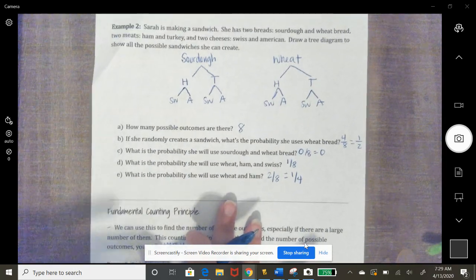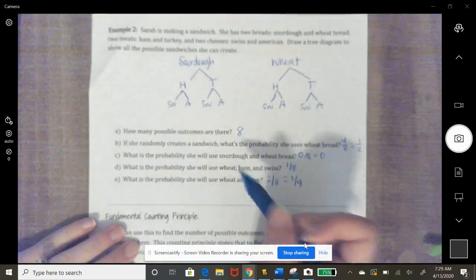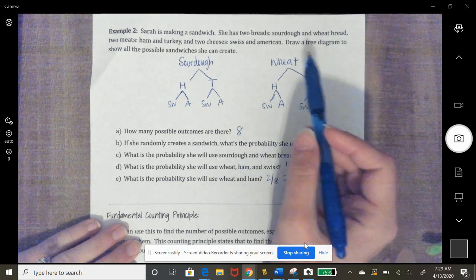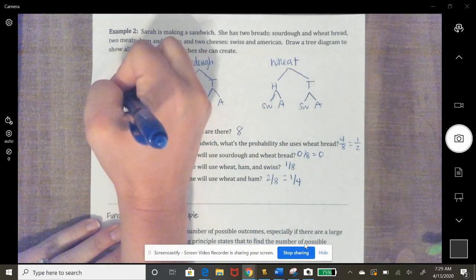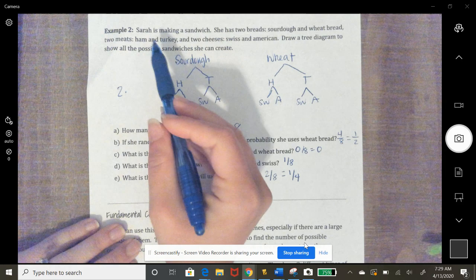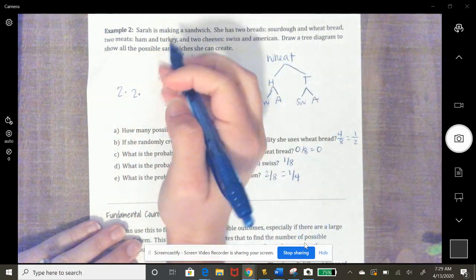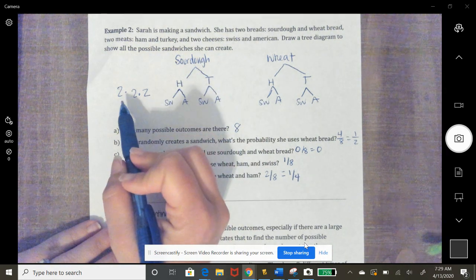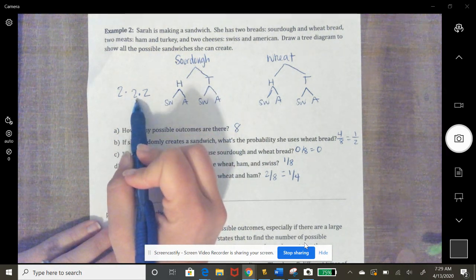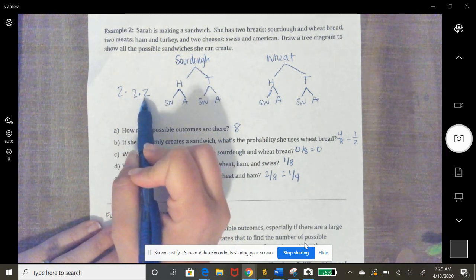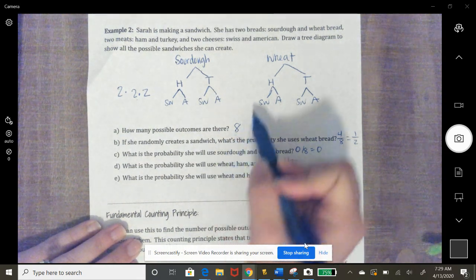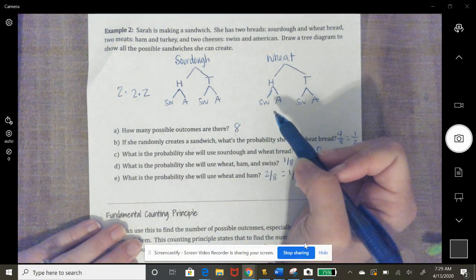Okay, and if you go back to the top, I'll just show you this one real quick, you can see how this would work here. So we had 2 breads, we had 2 different meats, and then we had 2 different cheeses. So if I multiply 2 times 2, that's 4. And then multiply that by 2, that gives me 8, which is the same thing we got when we created our tree diagram.